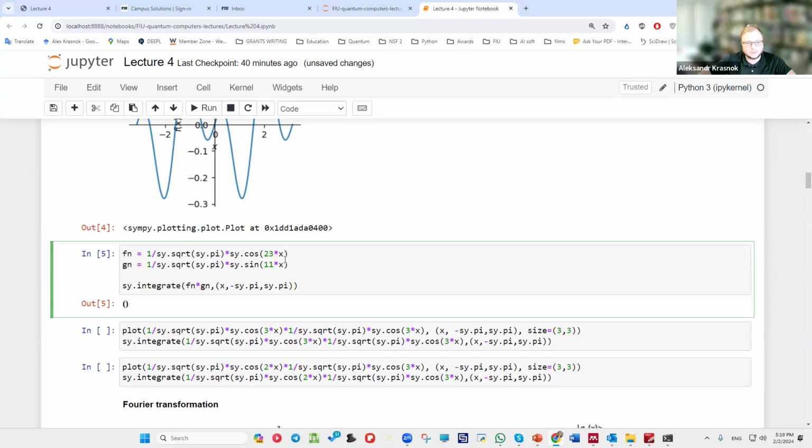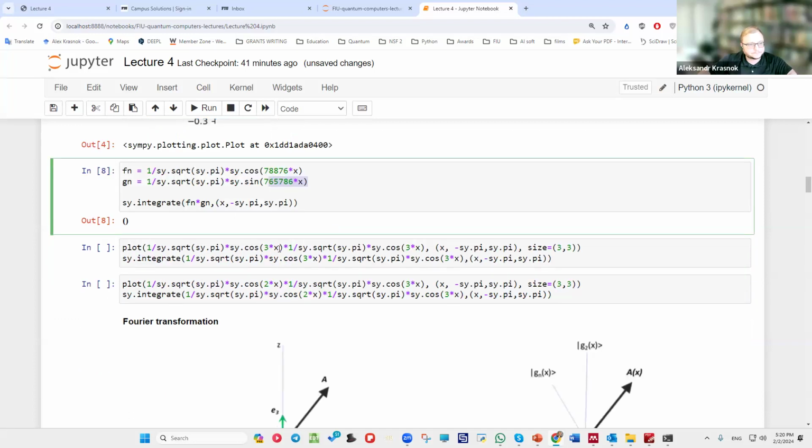So cosine 23x times sine 11x, the integration is also 0. And one can check that for any number here, the result is always 0. So these cosine and sine functions are orthogonal.